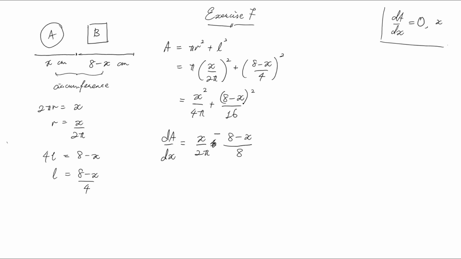Or if you are not really sure how to differentiate it in this particular form, it's just 1 over 16, and then 2 to the front, minus 1, and it becomes something like this. You can also expand this one because it's pretty simple compared to other stuff.